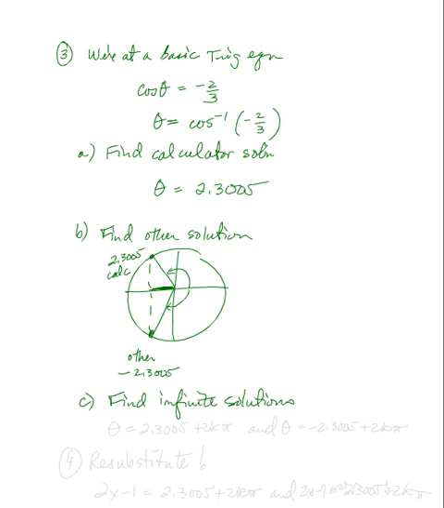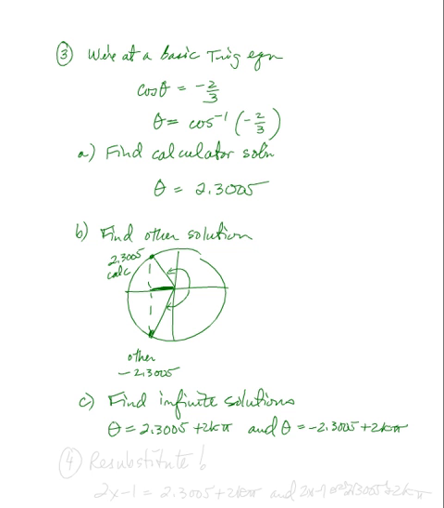These are not equidistant apart, so you're going to want two separate generators, where k is understood to be an integer.